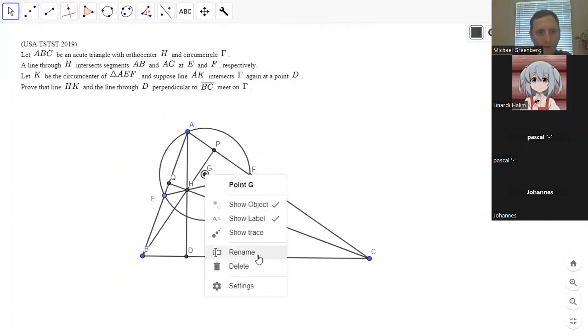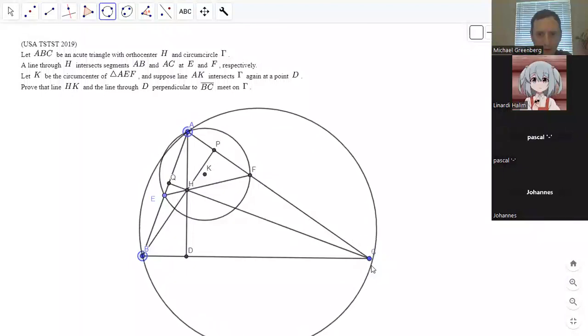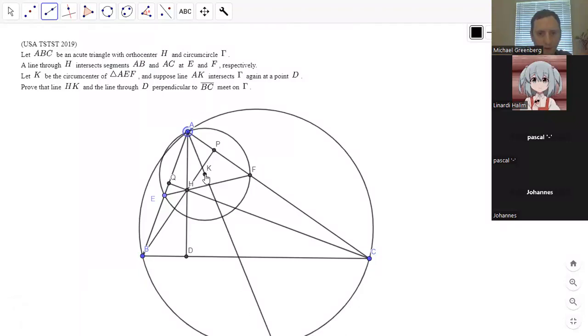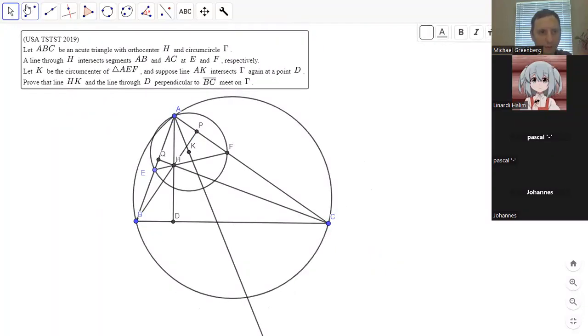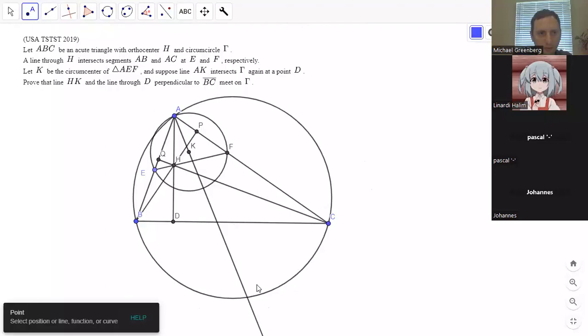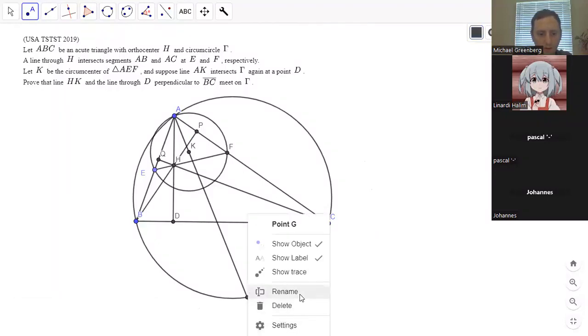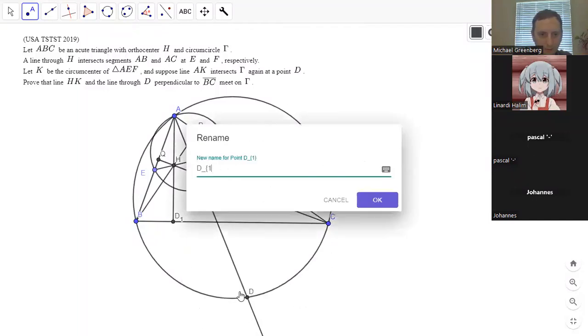So this is K. And AK intersects the bigger circle at a point D. And we want to show HK and the line through D perpendicular to BC meet on the circle. So let's see. So this is D. So the other D, I don't know, we can call it something else. R.